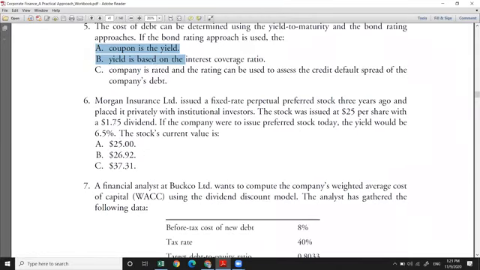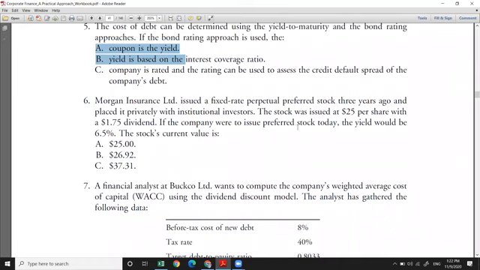Question 6. Morgan Insurance Company issued fixed rate perpetual preferred stock 3 years ago and placed it privately with the institutional investor. The stock was issued at $25 per share with $1.75 of dividend.